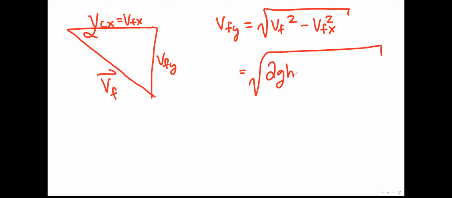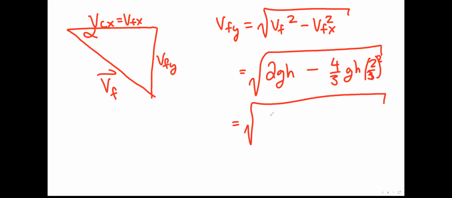So just 2GH minus the 4/3 GH and then 2/3 squared. We can do this together. So 2GH minus, then we have 4 and 4, that's 16. Then we have 9 and 3, that's 27.